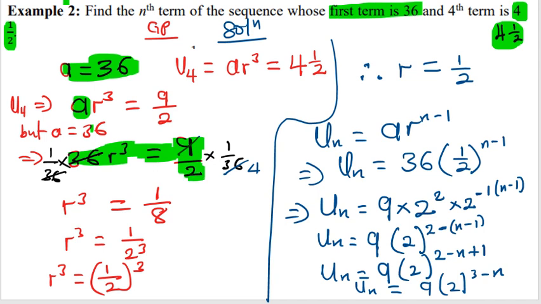Now I want to make r^3 stand alone, so I'll multiply through by 1/36, so that the 36 can cancel the 36 here. Then 9 goes into 36, 4 times, and 4 times 2 is 8. So I have r^3 equal to 1/8. Then we know that 8 is the same as 2 to the power 3.